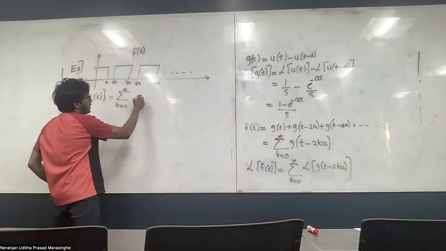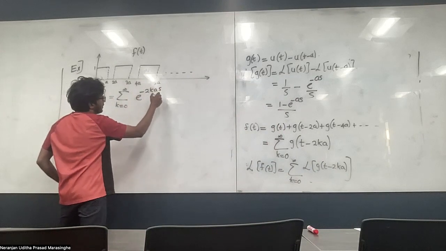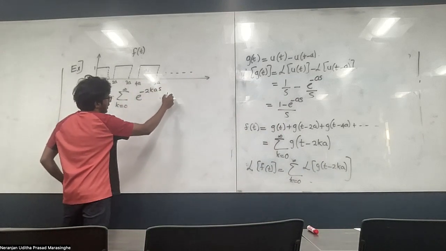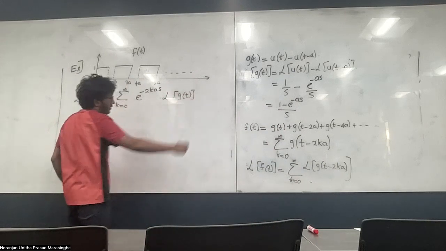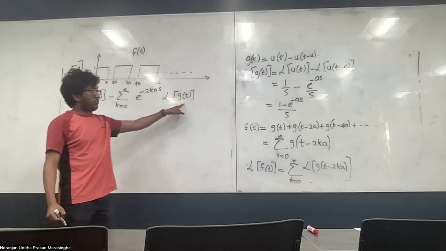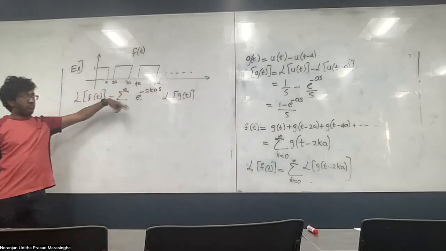So I would get e to the minus 2kas times the Laplace of g(t). This is the Laplace transform of the original function, and it would be multiplied by an exponential.